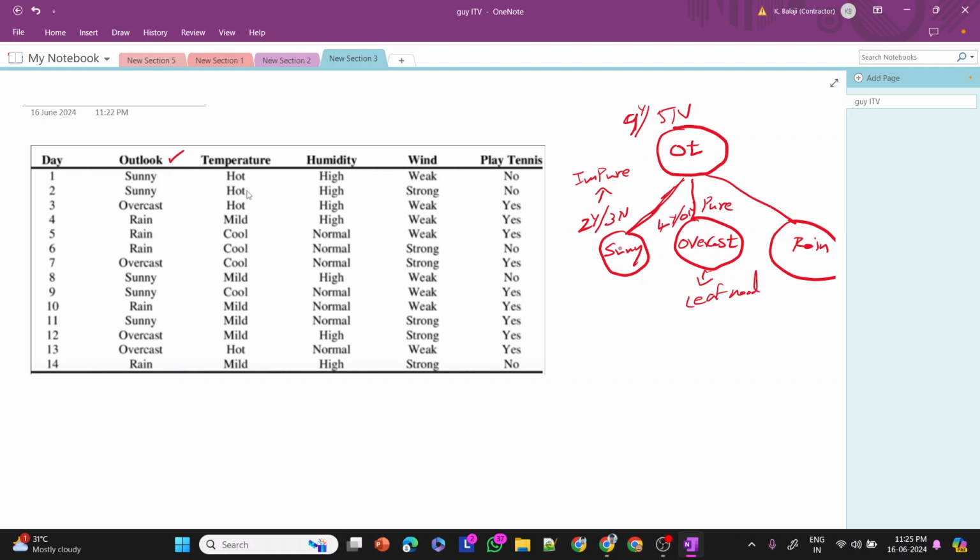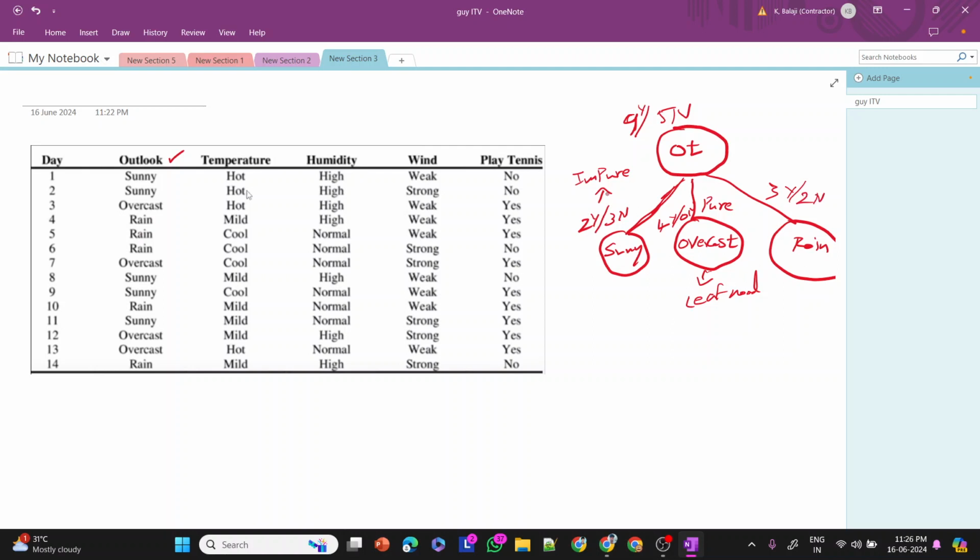But Sunny has 2 yes and 3 no's, both yes and no have a value, so this is an impure split, or it can be called an impure node. And the rain also has 3 yes and 2 no's.